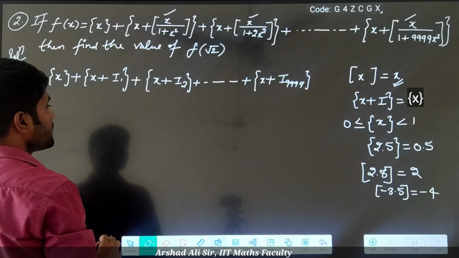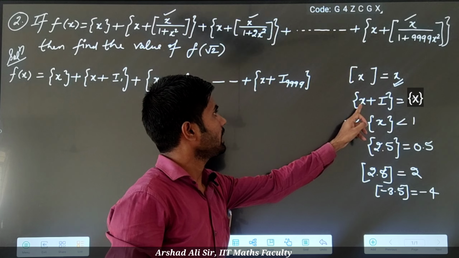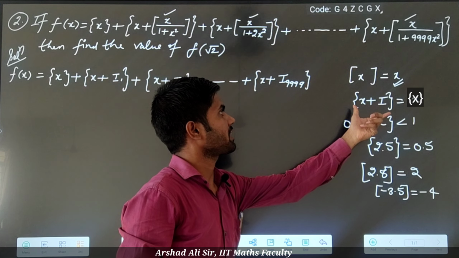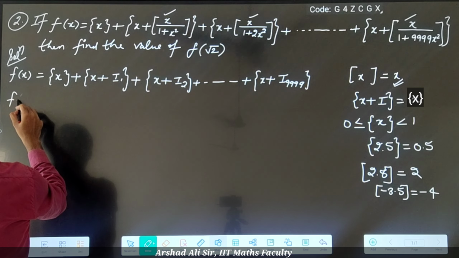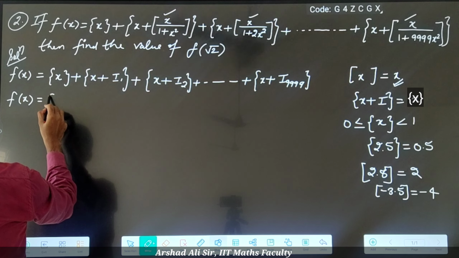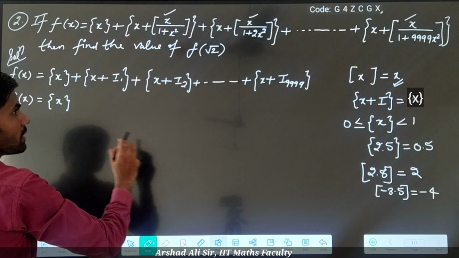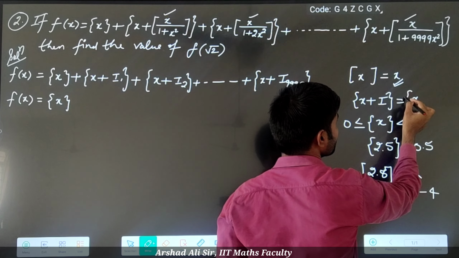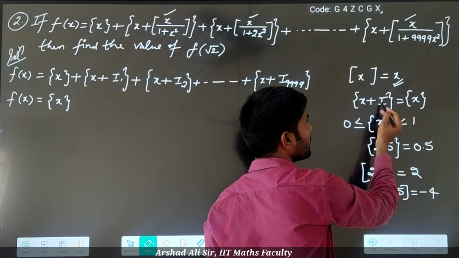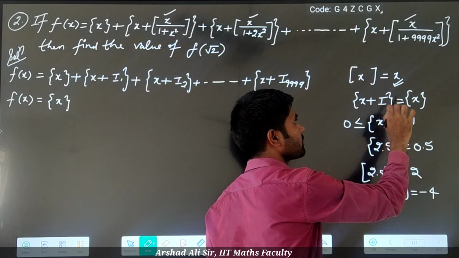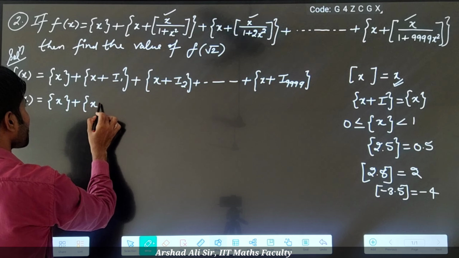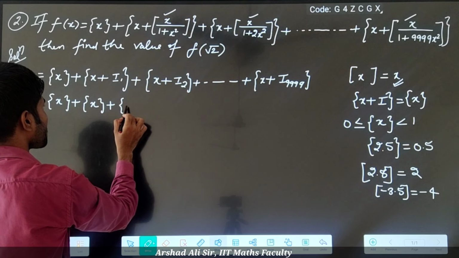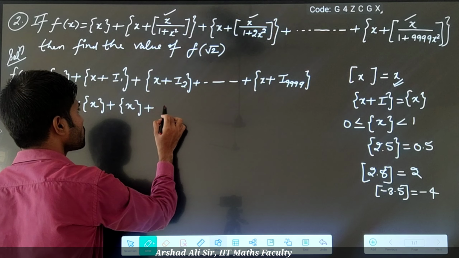Okay. So here we have this type of function, fractional part of x plus any integer, so it means it is equal to the fractional part of x. f(x) is equal to the fractional part of x. If you are adding an integer, it will be the same fractional part of x, so fractional part of x plus fractional part of x plus fractional part of x and so on.